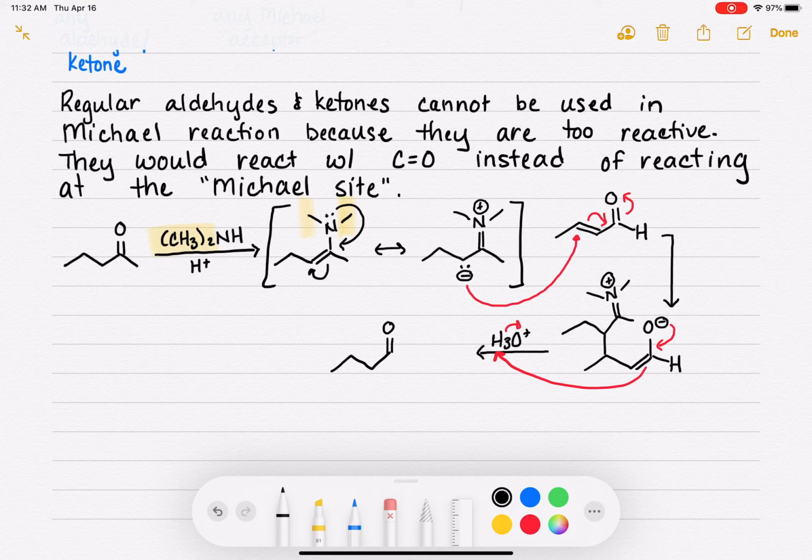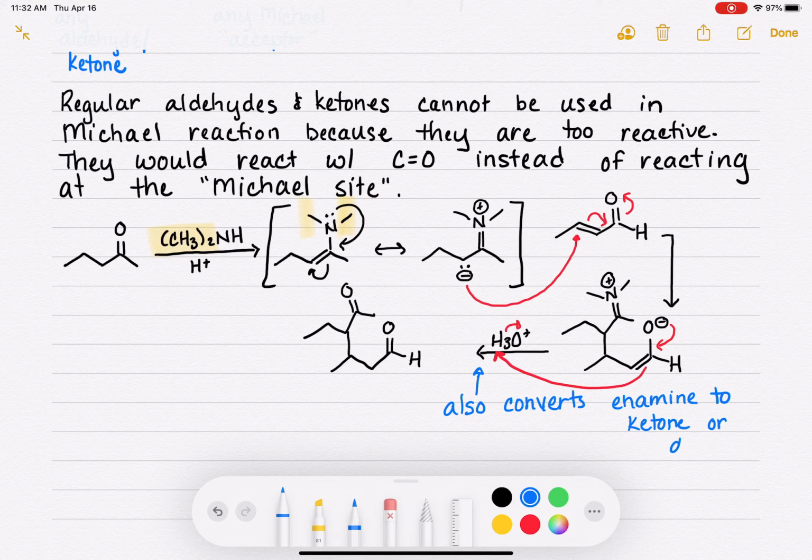So in addition to finishing up the Michael addition part of the reaction, we are going to return the original carbonyl group from the original ketone. It all comes back. So the H3O+ also converts the enamine back to a ketone or an aldehyde, whatever you are working with.